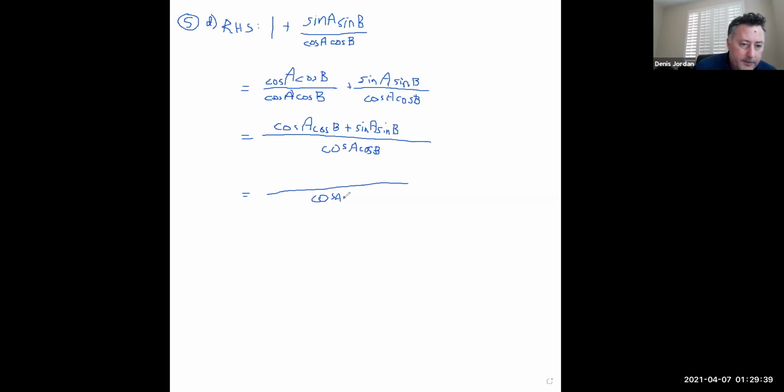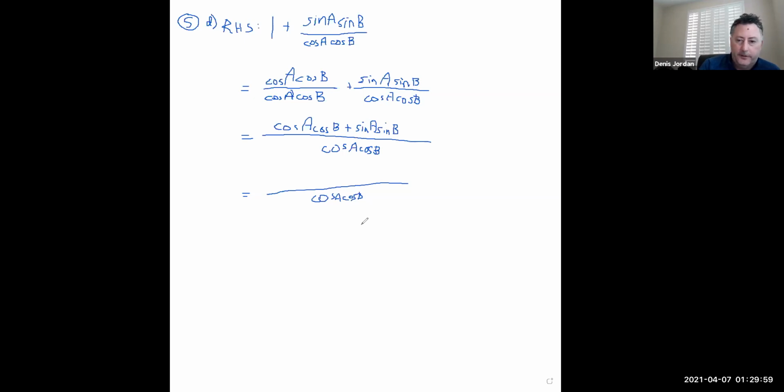We're going to keep the cosine A, cosine B. It's the numerator that we need to take care of. So the numerator, you want to make it cosine of A minus B.